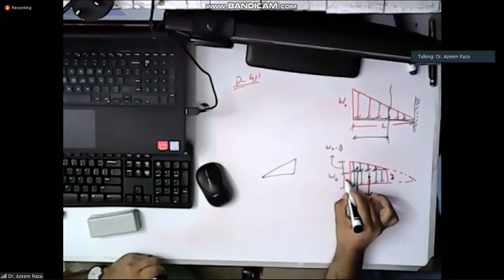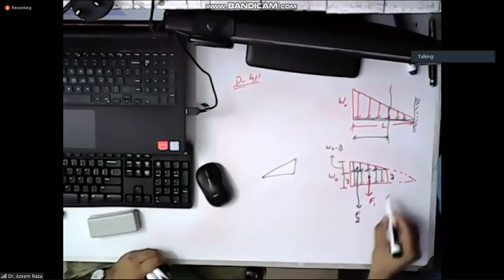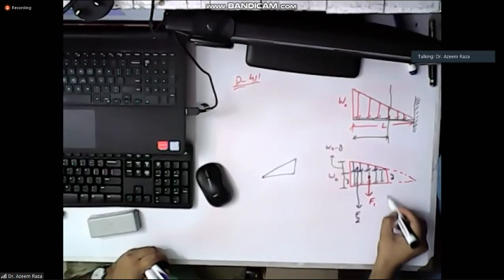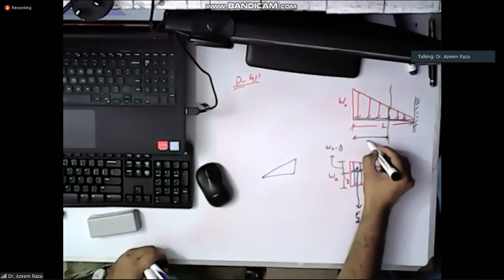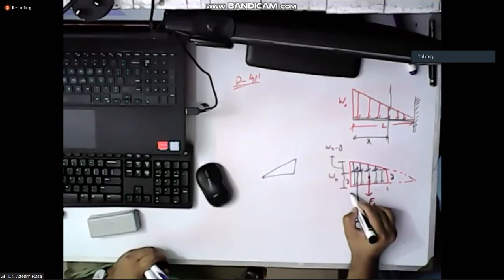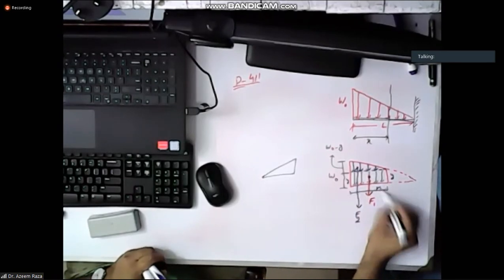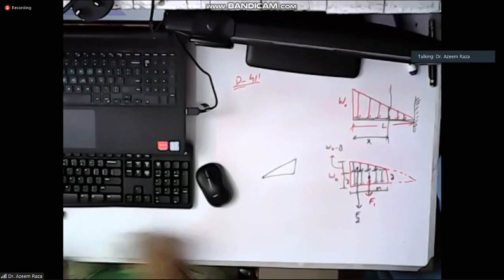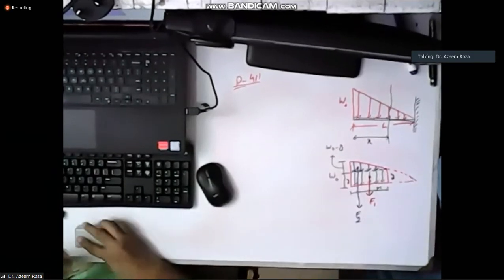And this would be Y as well. And this length, as usual, because whenever we take a segment, this length is X. So I need to find out these two additional forces.